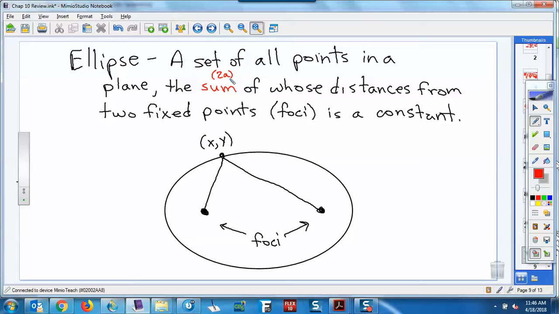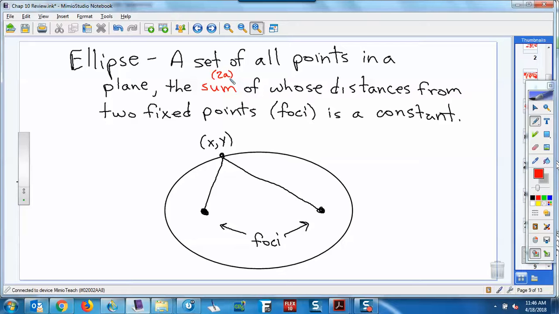And then for hyperbola, you just take that and you put the word difference in there, and you got a hyperbola. Okay, so there's going to be plenty of basic questions like what you've been working on, identifying what they are.